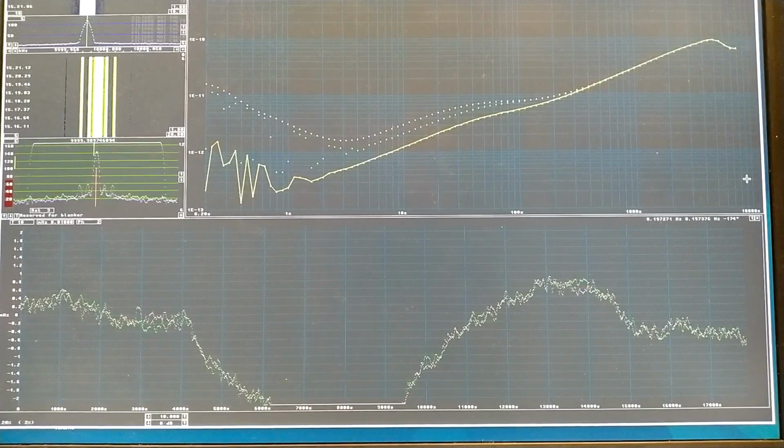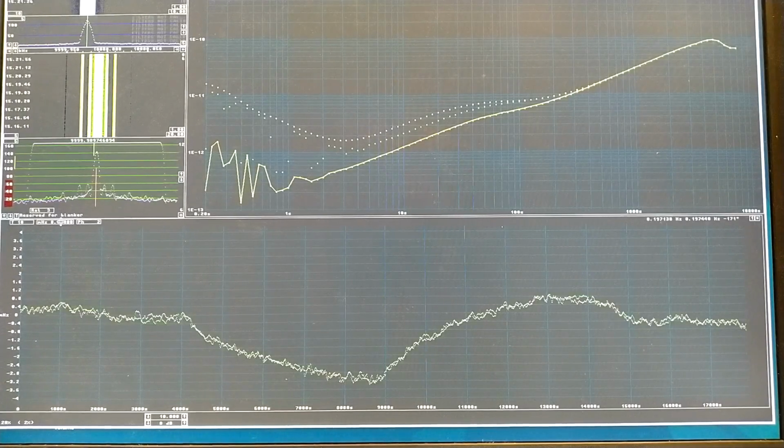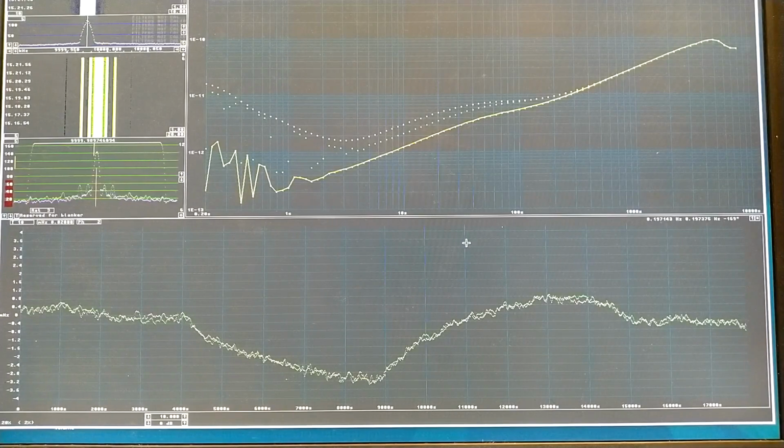A couple of hours later, there has been an event here, obviously. I changed scale to look better. So, opening a door somewhere, closing it, I don't know.